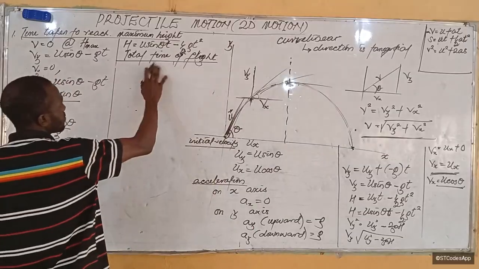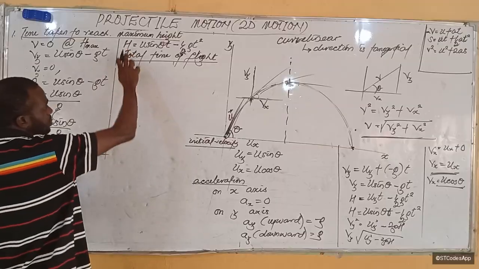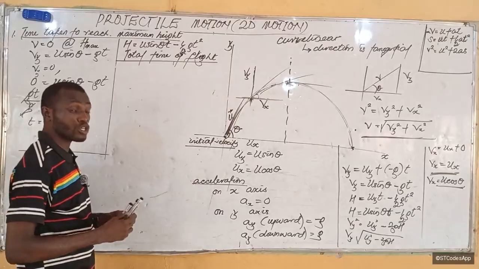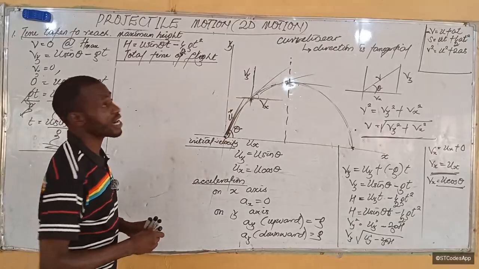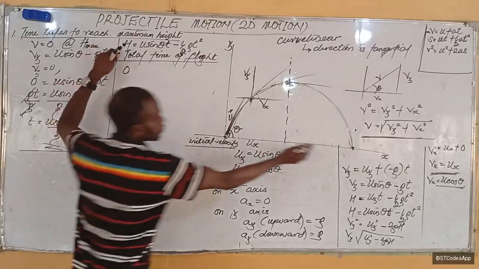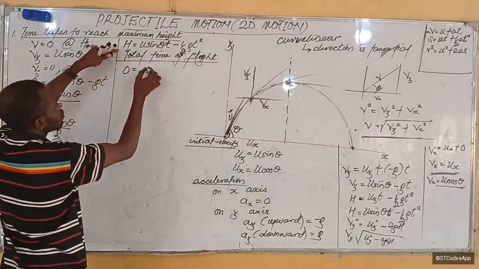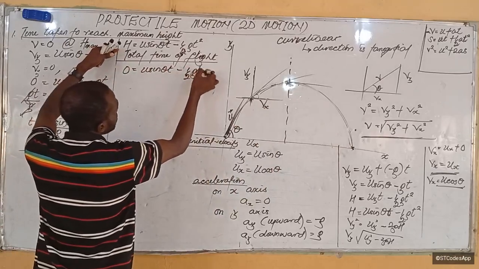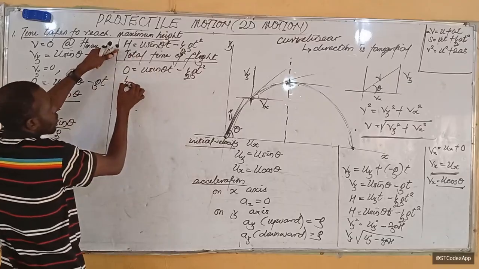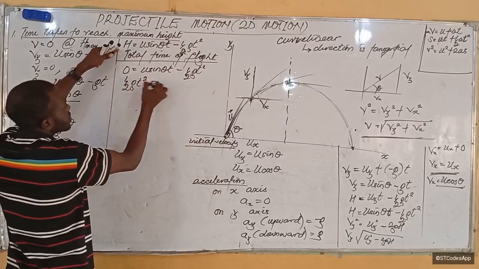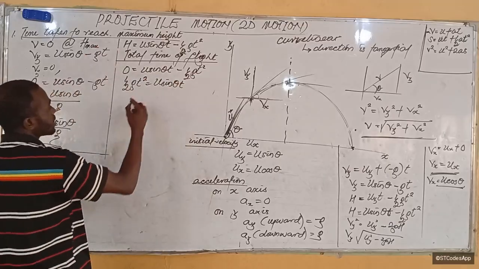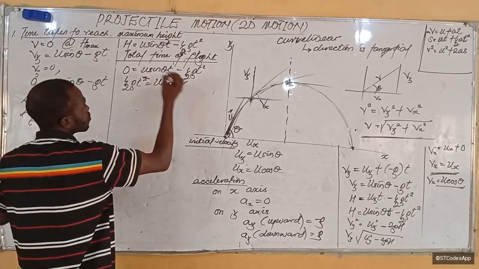So let's now derive a formula for total time of flight. At the completion of that entire motion, h will be 0, because it comes back here. So 0 equals u sine theta t minus half gt squared. Let's bring this here. So half gt squared is equal to u sine theta t. Divide both sides by t, one t will cancel one t.